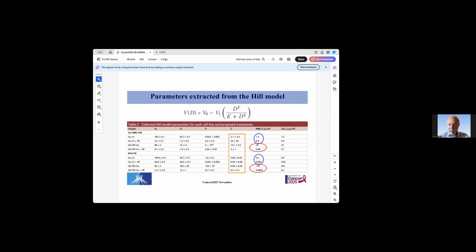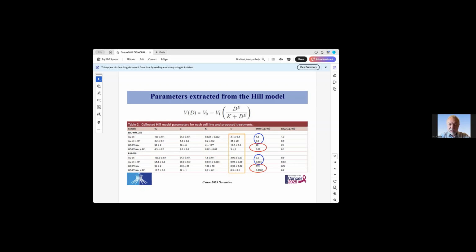For the nanocomposite with no application of radiofrequency, you have the E exponent about 14. If you apply the radiofrequency, it drops down to 3. So it's a huge difference between application of radiofrequency and no application of radiofrequency.